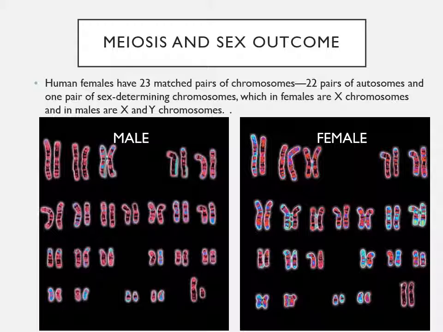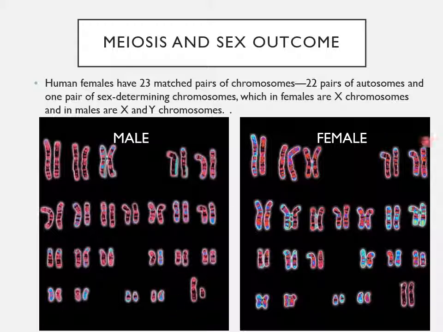So we've looked at this before, but here's a look at what all the chromosomes of a male and a female look like. And males and females have 22 pairs of what they call autosomes, which are all your other chromosomes except the X and Y chromosome.